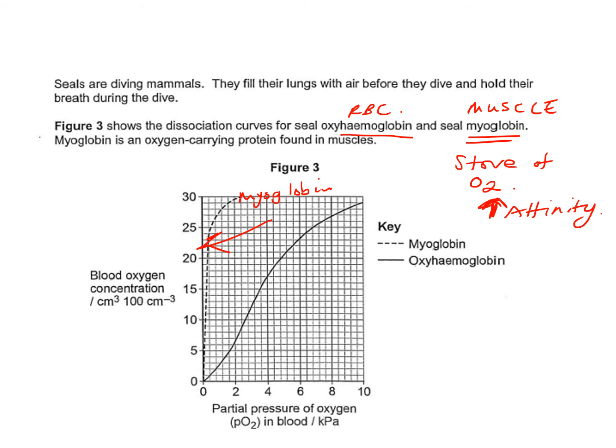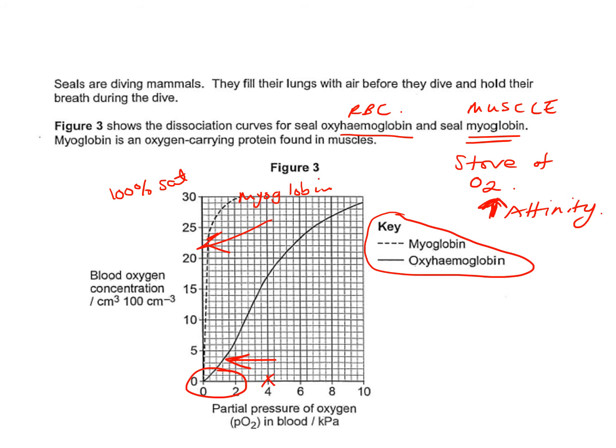The myoglobin only dissociates all its oxygen at very low ppO2. So at, for example, 4 kPa, the myoglobin will be pretty much 100% saturated. And it's only when that ppO2 gets very low that the myoglobin, the dotted line, will release its oxygen. So the oxyhemoglobin is the bold line, because obviously we use the key.